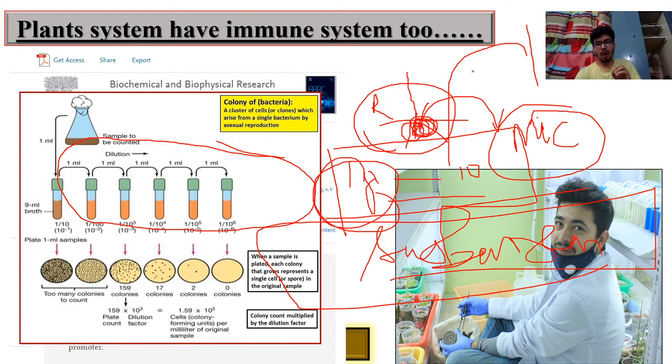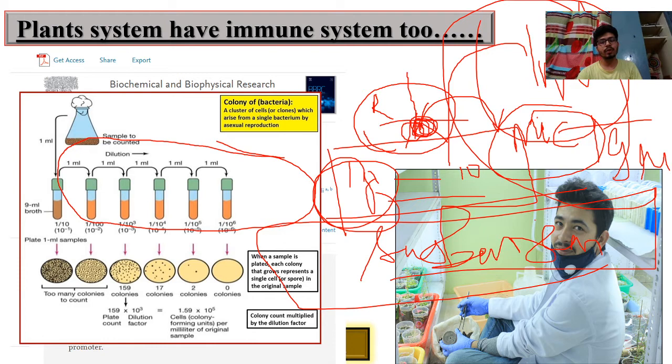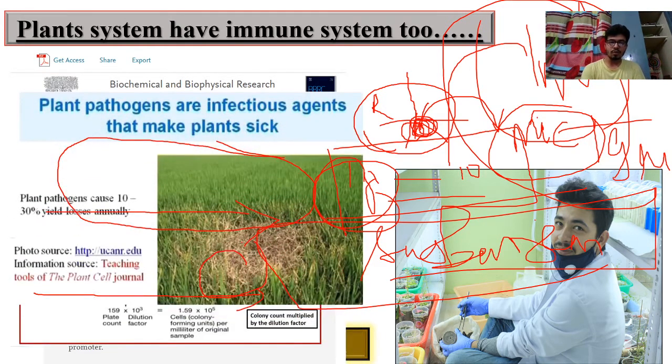Whenever you take 1 ml of that solution and pour it into 9 ml of milky water, it again comes to 10 ml. The colonies will decrease gradually, and at some point no colony will grow on the plate. This is called serial dilution. Serial dilution is very important for plant pathology students, basically those working on plant-microbe interaction, who use it with their samples.